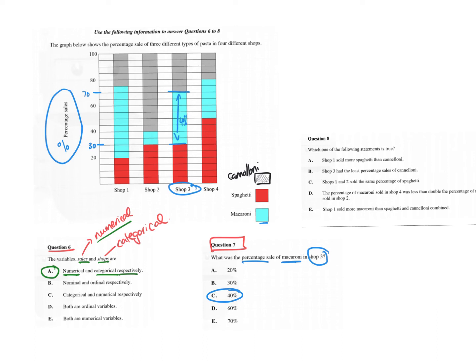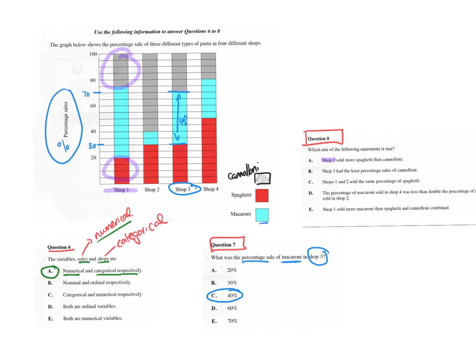Okay, if we look at question 8, which one of the following statements is true? It says shop 1 sold more spaghetti than cannelloni. So we're looking at shop 1, and spaghetti is the red and cannelloni is the grey. You can see the grey, that's not true.